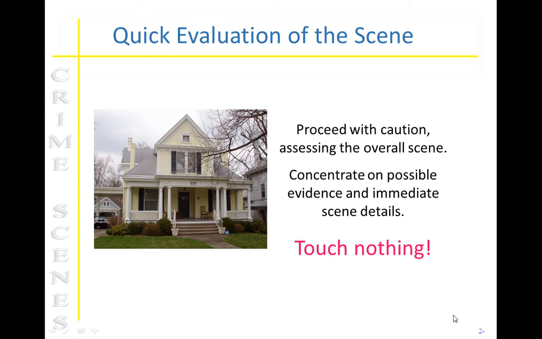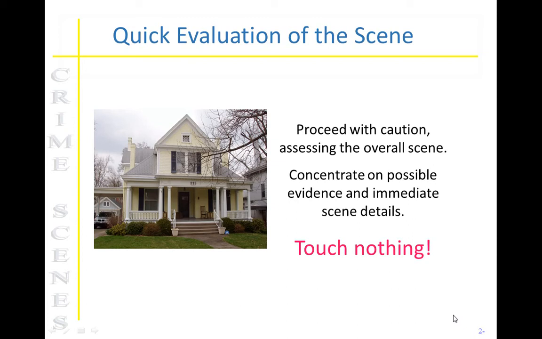So they're going to scan the entire area to determine whether or not there are any secondary scenes that might also be involved. Are there people or vehicles in the area that might also need to be searched? They're going to make initial observations also to determine that scene safety.